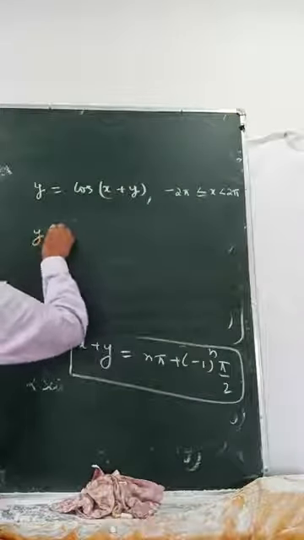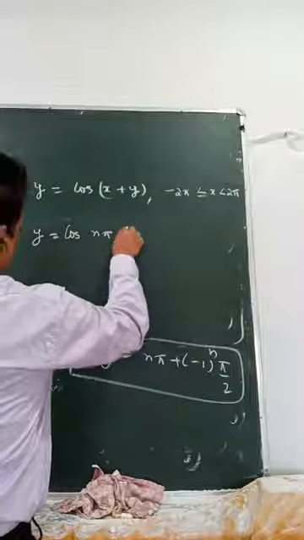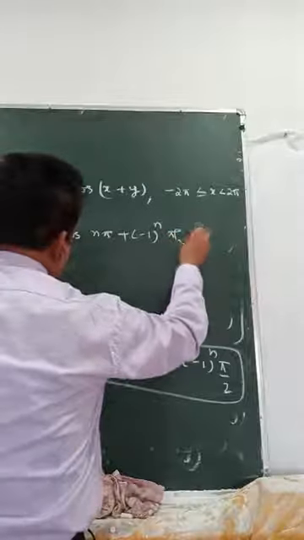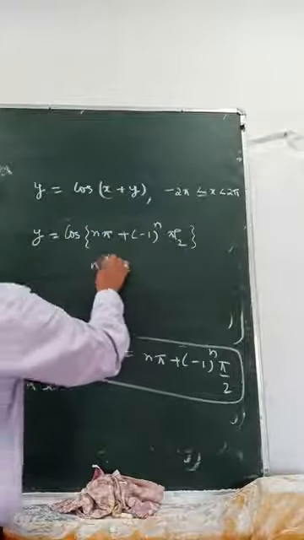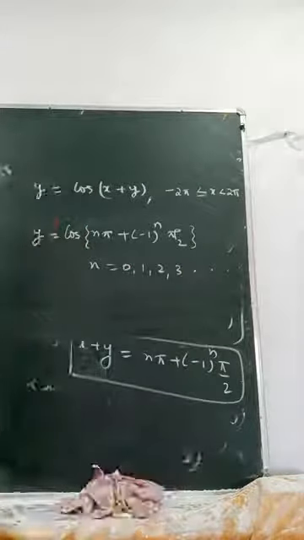Y equals cos of n pi plus minus 1 to the power n pi by 2, for n equals 0, 1, 2, 3 and so on.